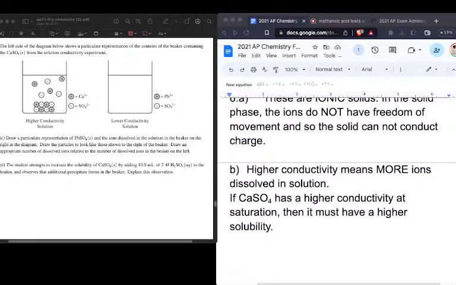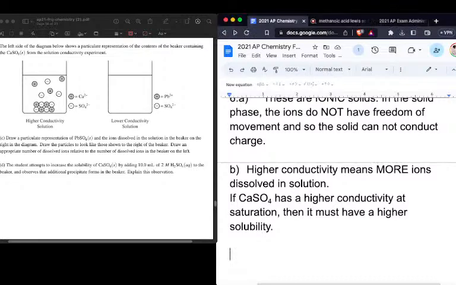And again, I'm doing this off camera in a separate app. I'm simply going to copy the solid portion from one beaker to another, and then I'm going to copy one positive and one negative ion from the left beaker and put it in the right beaker, just to emphasize that there are fewer ions dissolved there.